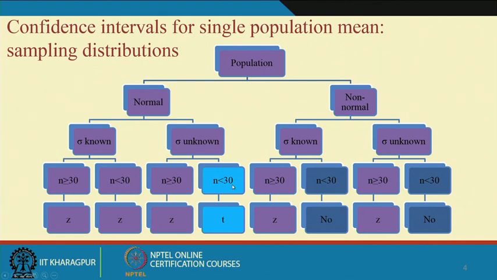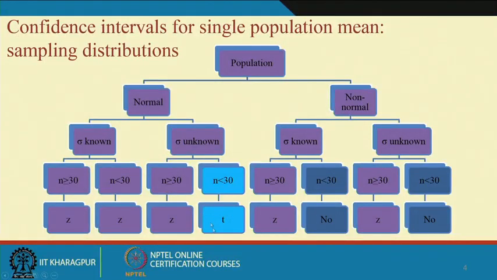If n is small, which will be the case most of the time in design of experiment situations, when you experiment, we may not have this many observations or replications.